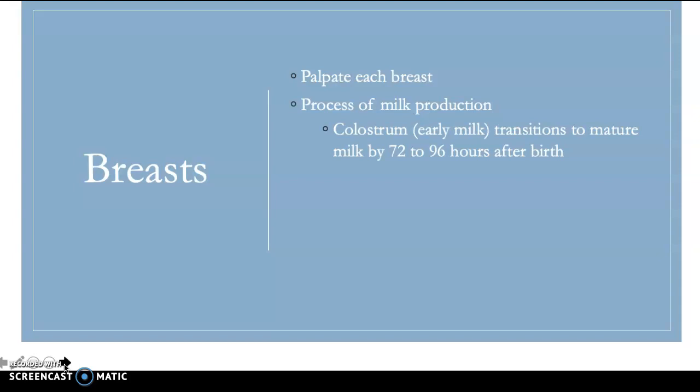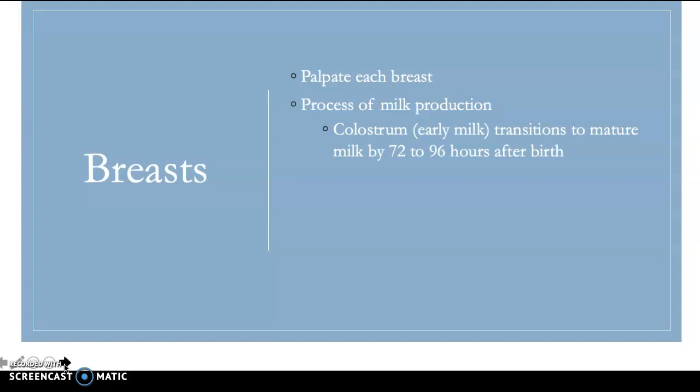It gives IgA to the baby. And this is milk that is produced by 72 to 96 hours after birth. Women can start producing colostrum in pregnancy, especially if this isn't their first baby.